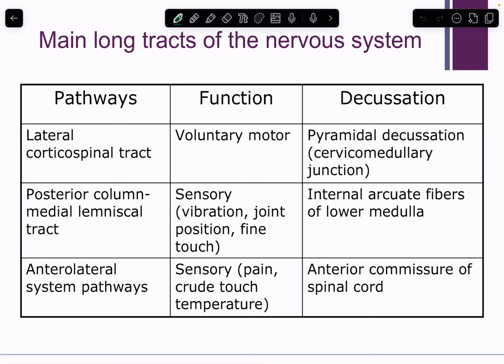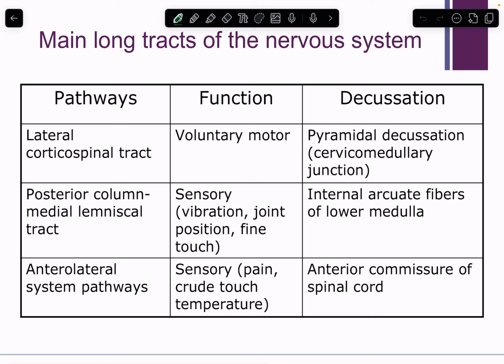About 85 to 90% of the fibers decussate. We know that there is another fiber that is uncrossed. So 85 to 90% of the fibers decussate or cross at the pyramidal decussation in the lower medulla, and it contains the descending lateral column.